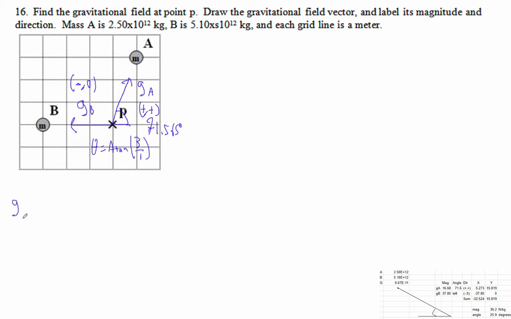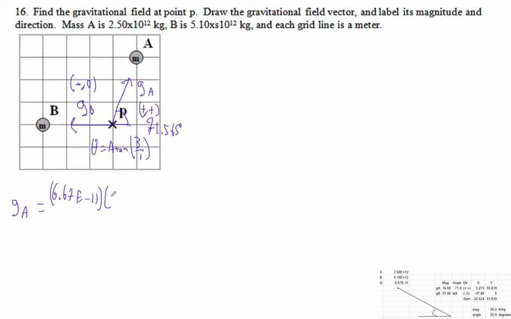So let's figure out the G of A. We're using the formula GM over R squared, right? So it'll be 6.67 E minus 11. E means times 10 to the, so 6.67 times 10 to the minus 11, just like your calculator displays it. And then A is 2.5 tera kilograms, which is a weird thing to say, right?